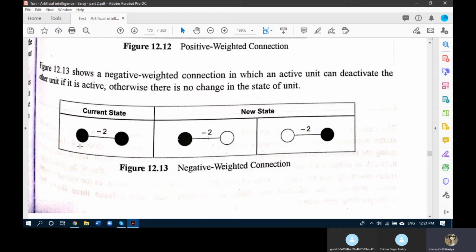I consider the first one to be i and the second one to be j. i, j both are active, but because of this negative weight, in the next iteration, either i may become inactive, or j turns out to be inactive.